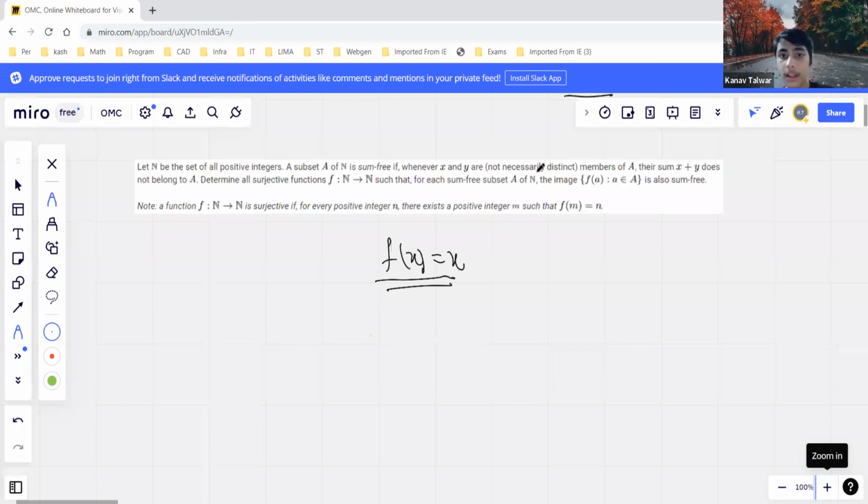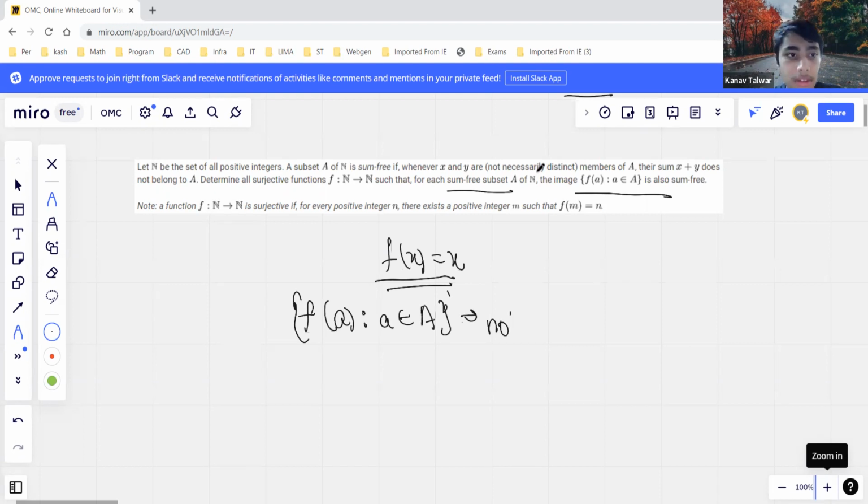That is just because the problem says that for each sum free set, its image is also sum free. So we'll just negate it. That is, if the set f of a, where a is in A, is not sum free, this implies that the original set was not sum free.